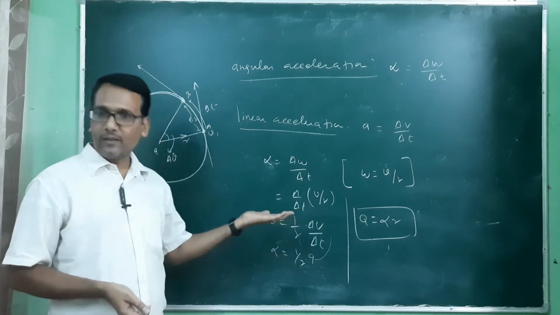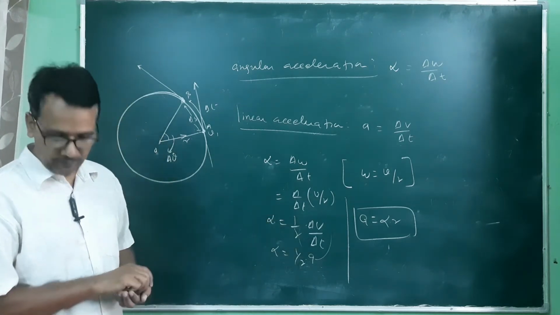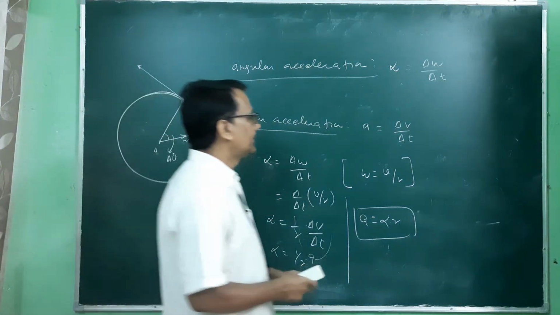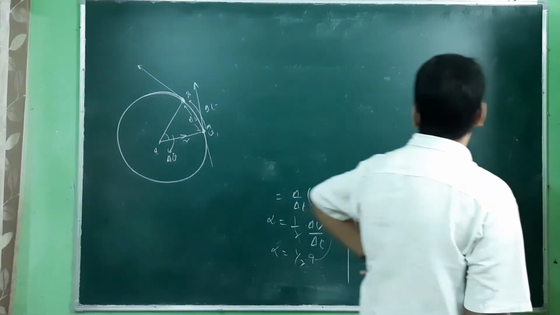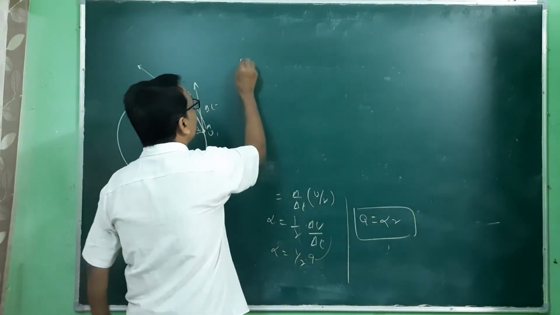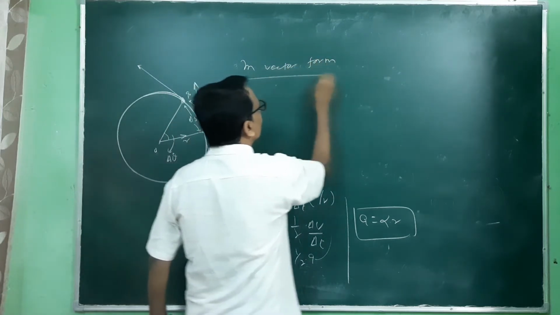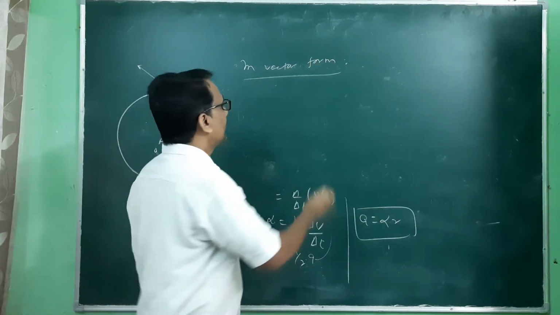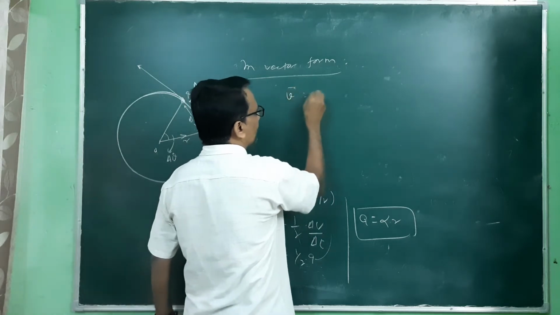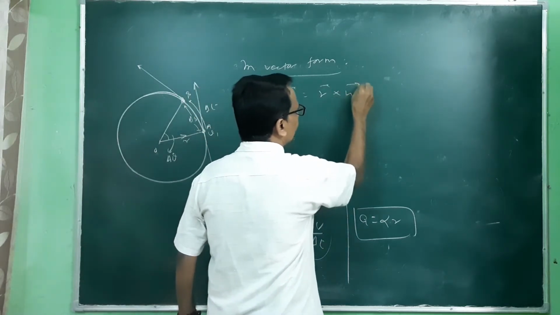Okay, so you can also write this in vector form. In vector form, V is equal to R cross omega.